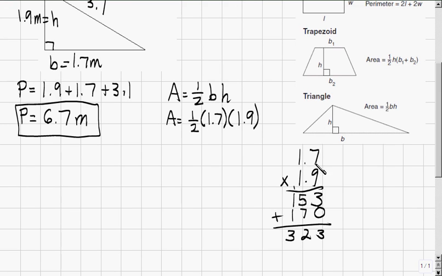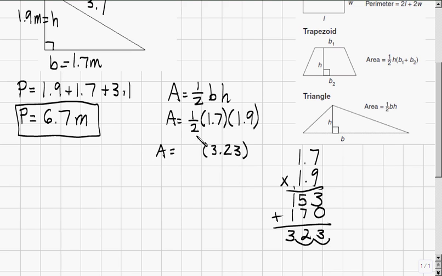Since we have two numbers behind the decimal point, our imaginary decimal point in our answer will move twice to the left. That means that 1.7 times 1.9 so far becomes 3.23. And our area is equal to half of that.